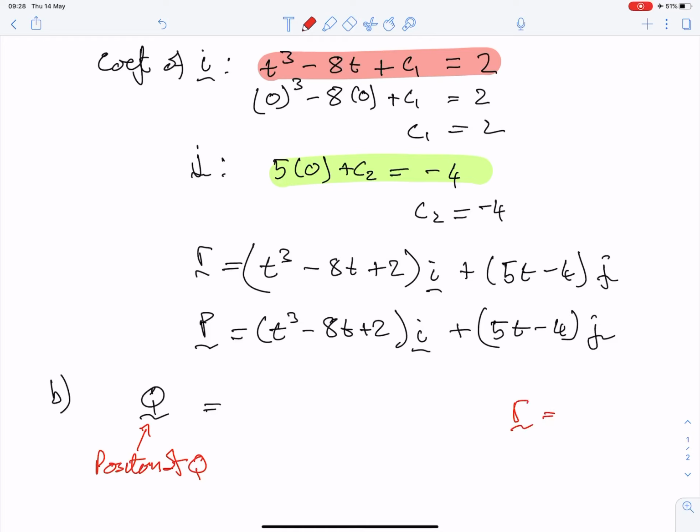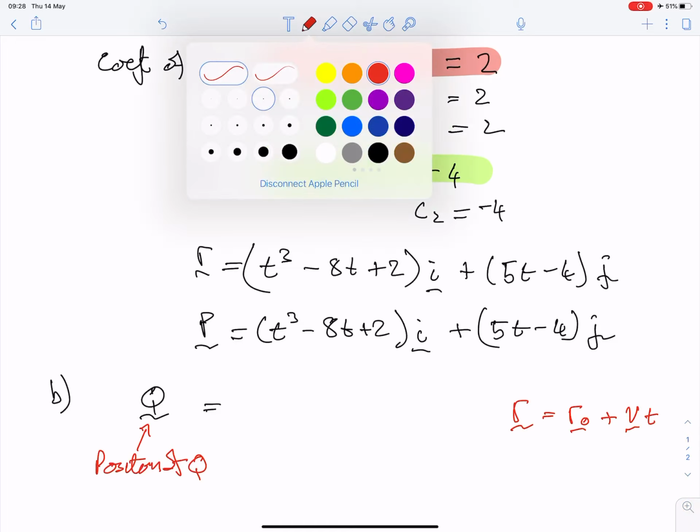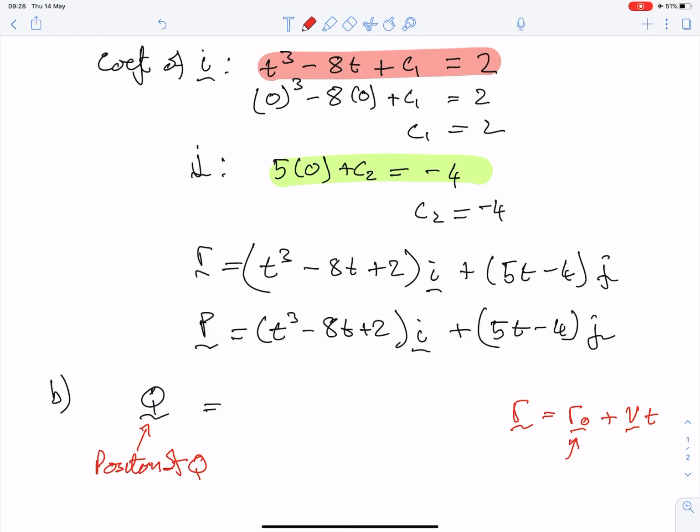r, the position of something, is equal to where it starts plus how far it has moved. So r0 is its starting position, and this is how far it's moved.